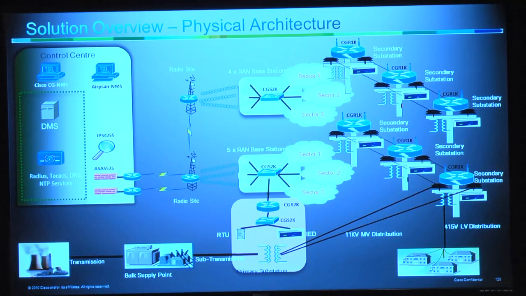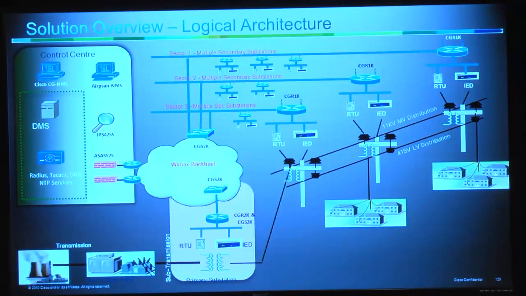But that's how it looked from a physical topology point of view. From a logical point of view, as in from a layer 3 IP network point of view, it ended up looking like multiple secondary substations on the same common broadcast domain, or VLAN if you prefer, across the WiMAX infrastructure.